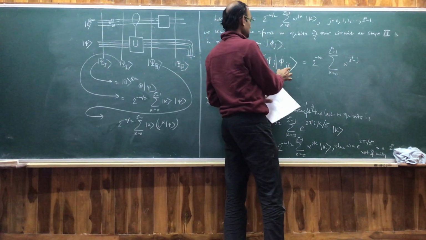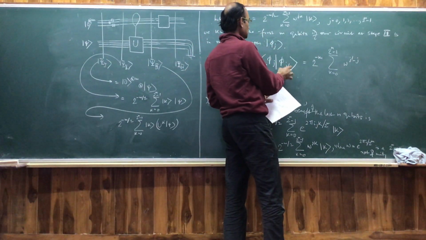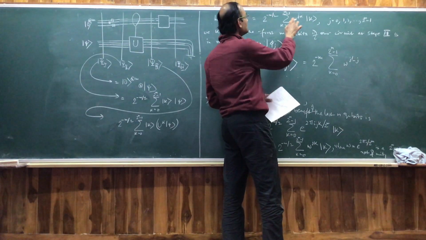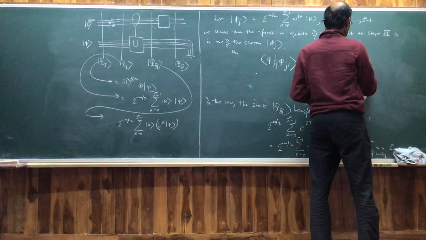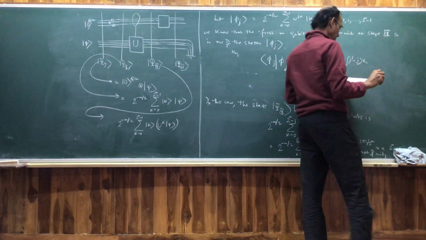The j prime is on this side. J is a bra, so it will become a minus.